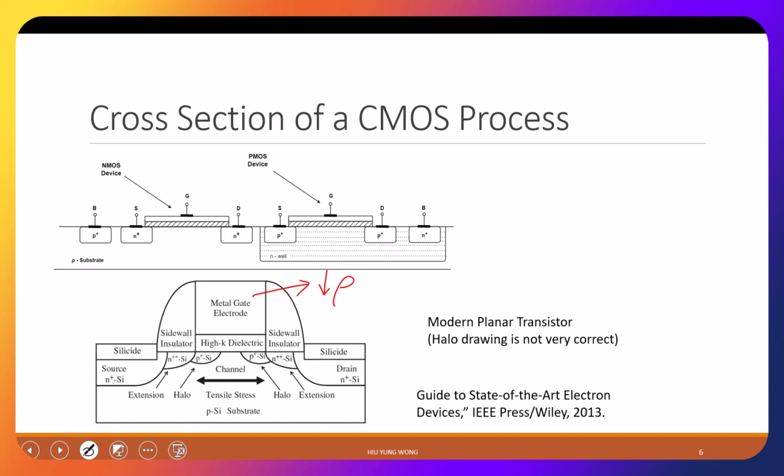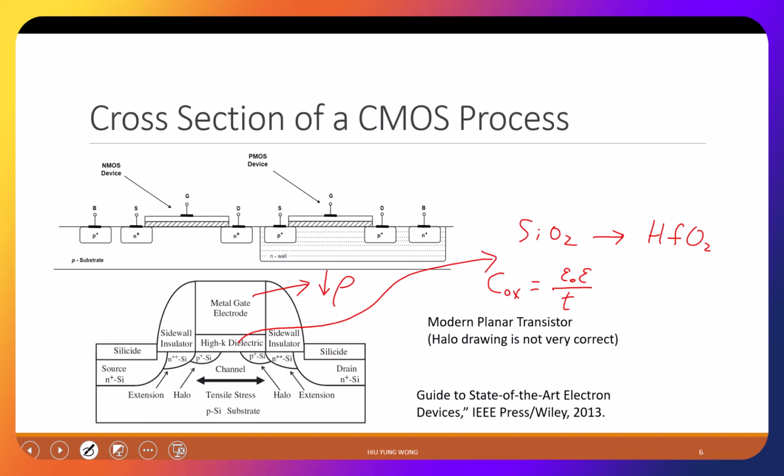It also has something called high K dielectric. Instead of using silicon dioxide, you use something like hafnium dioxide. What does it mean? The capacitance of an insulator, if you forgot, go back to review, equals the permittivity divided by the thickness.